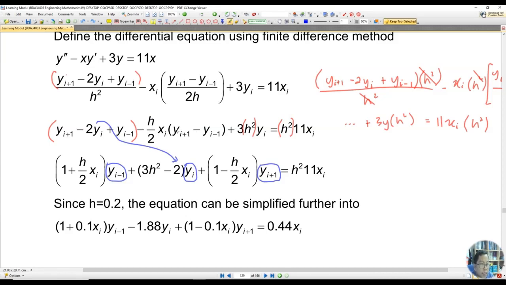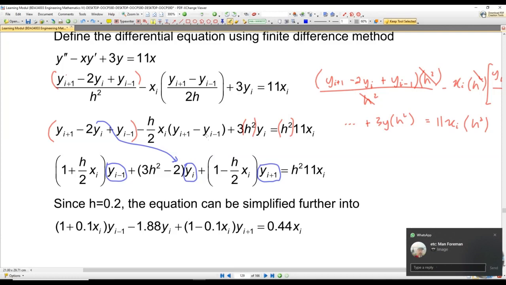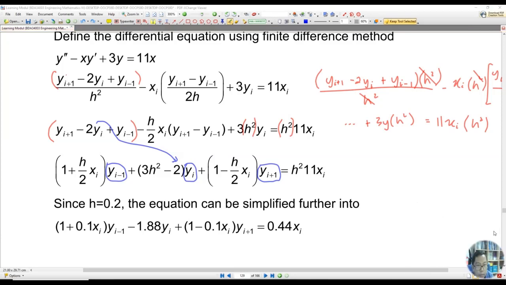The best method is to multiply first, and then identify where is y_i, where is y_{i-1}, and y_{i+1}, and from that you rearrange based on i minus 1, i, and i plus 1, until you get this.